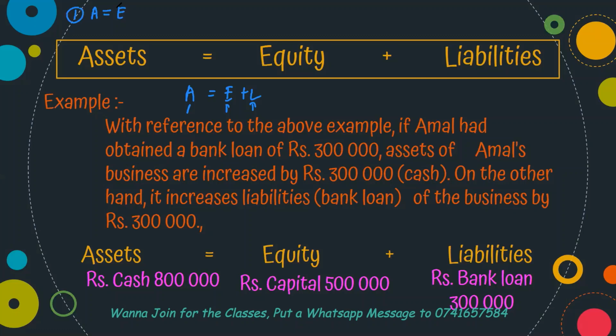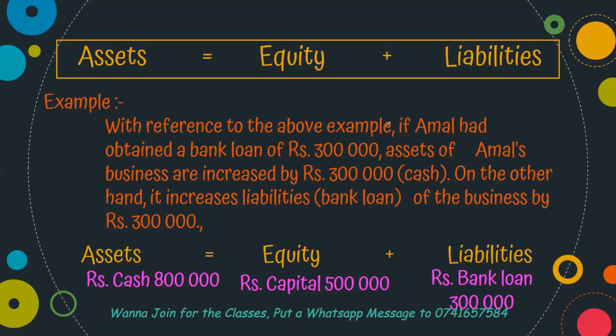That means the total assets are provided by the owner, right? External parties were not involved in example number 1. But here, let's read first what has happened.